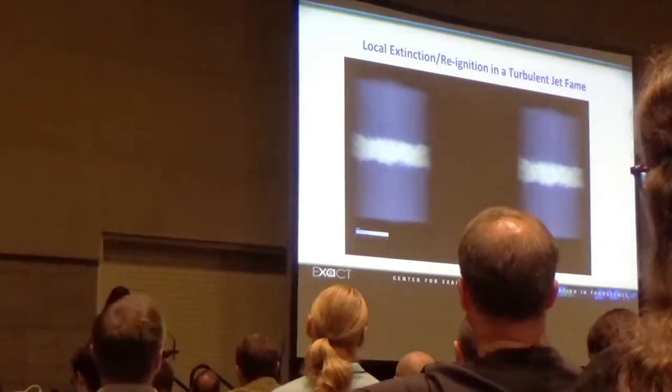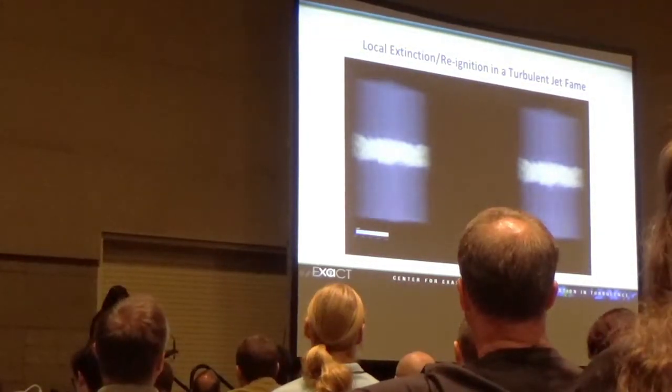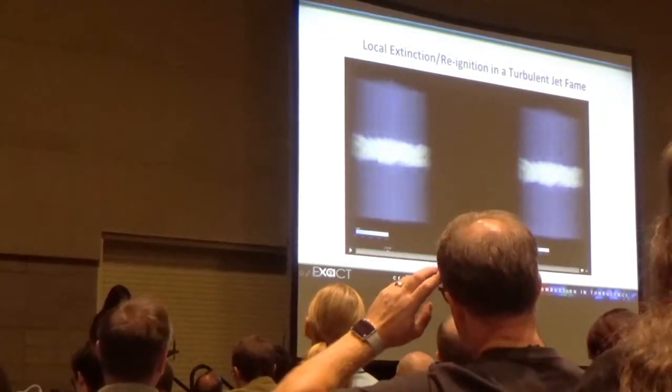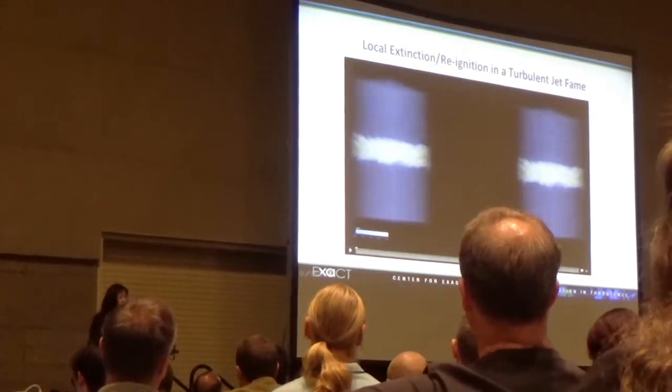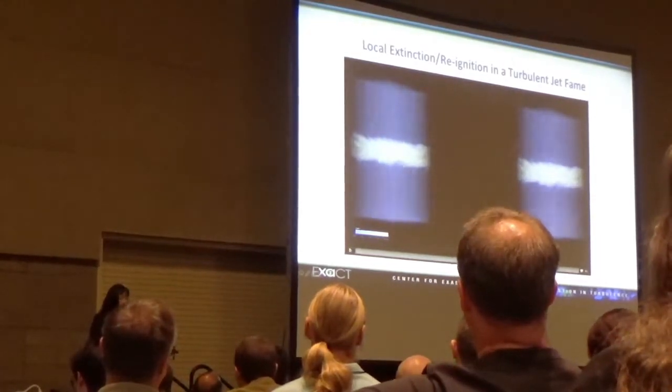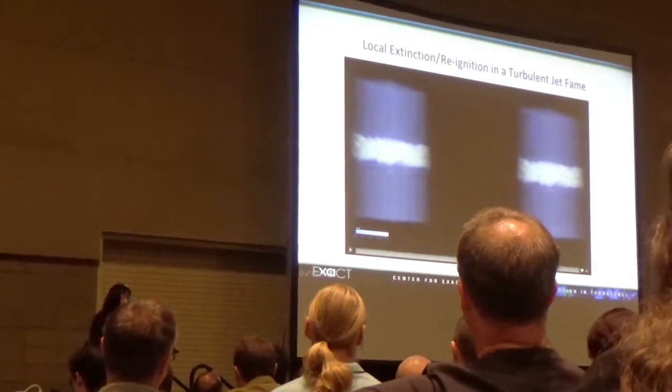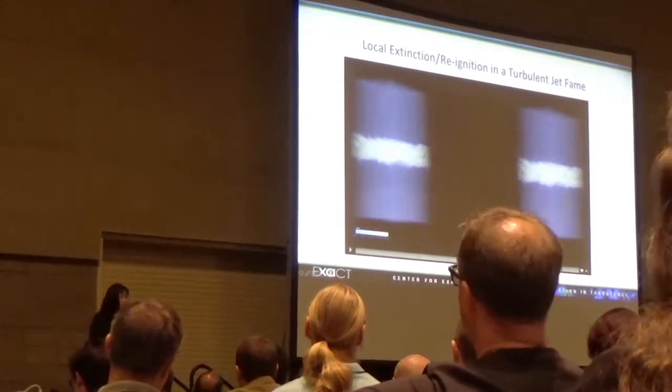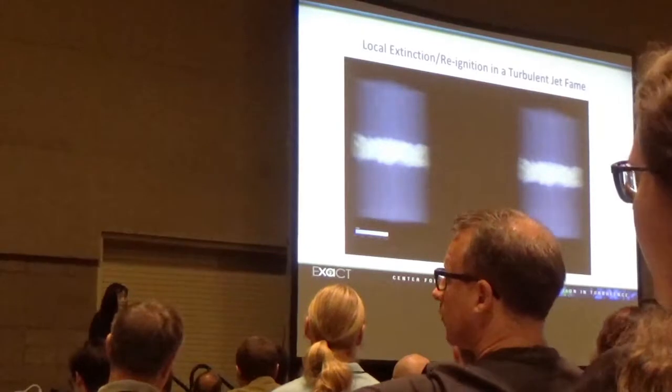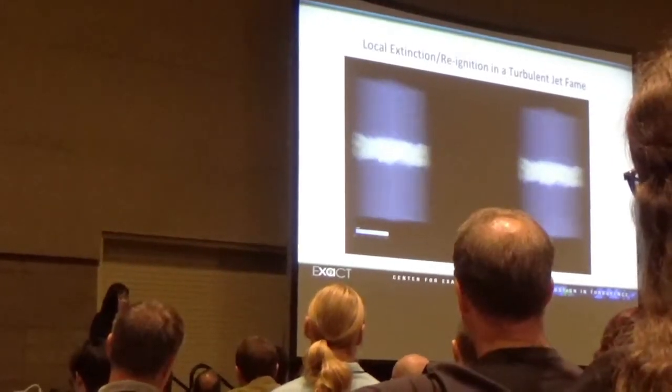So let me show you one example of localized extinction followed by reignition in a turbulent jet flame simulation. Initially in the movie, before I play it, you're going to see the flame mixture fraction and the stoichiometric mixture fraction where the flame exists.